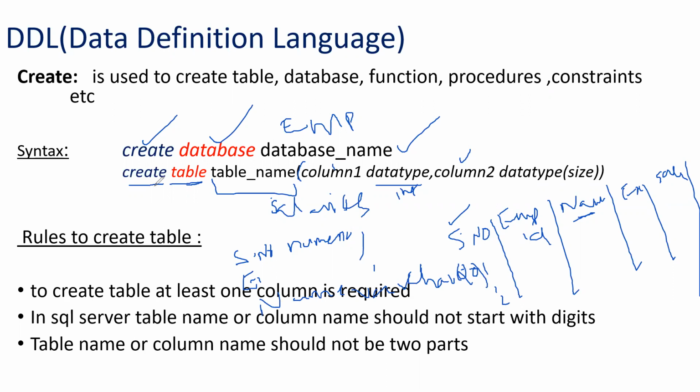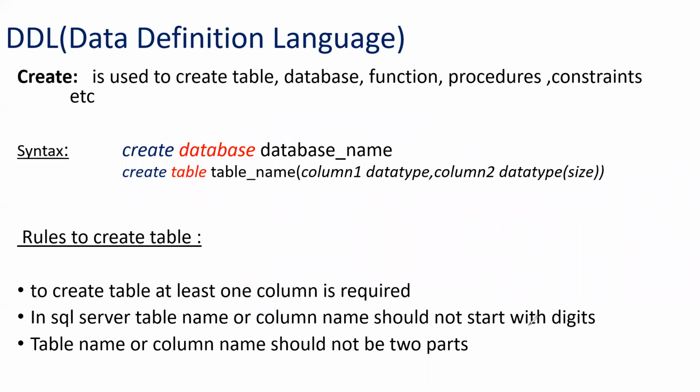This is how you can create a table on that database. While you are creating a table, remember you need to follow some rules, like identifiers in Python, those things again repeating here. If you want to create a table, at least you must have one column.